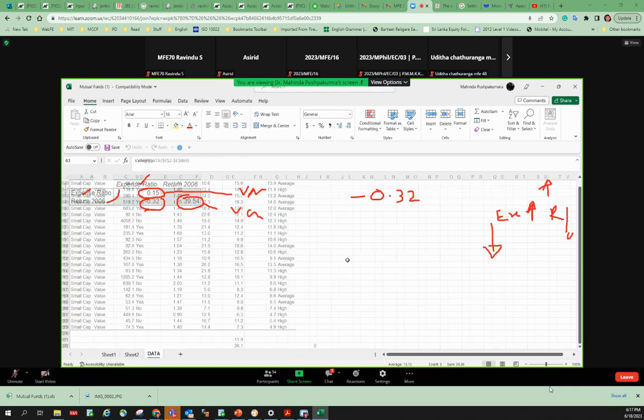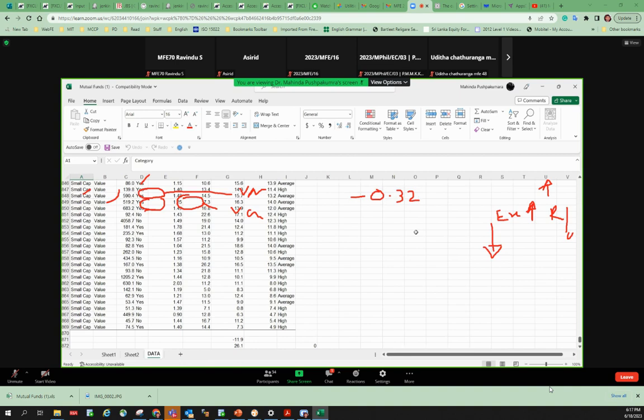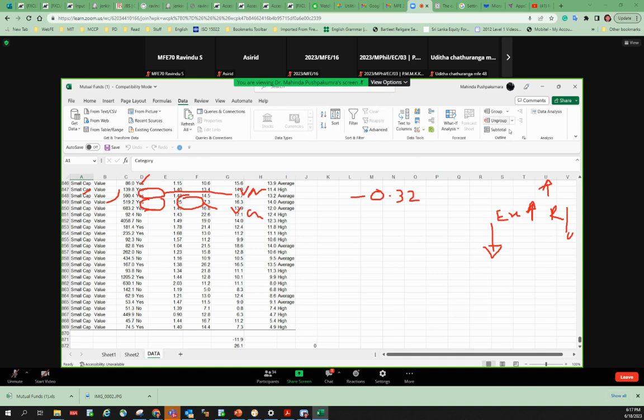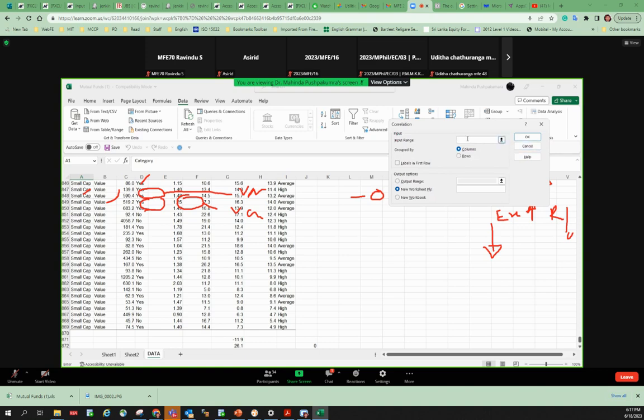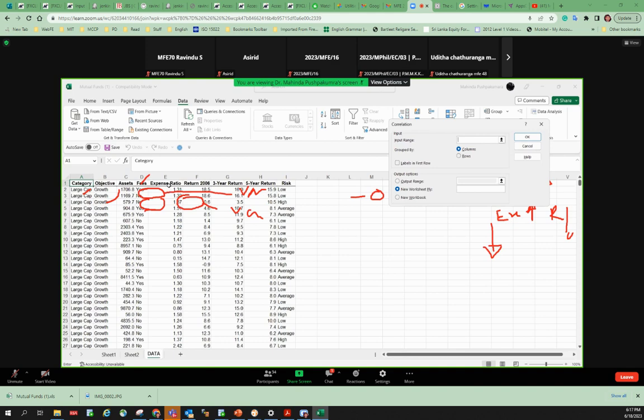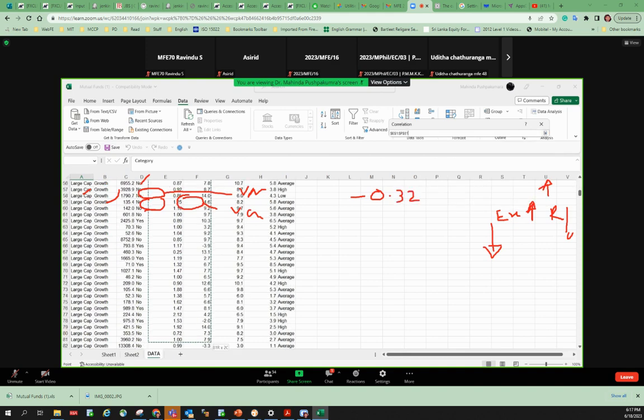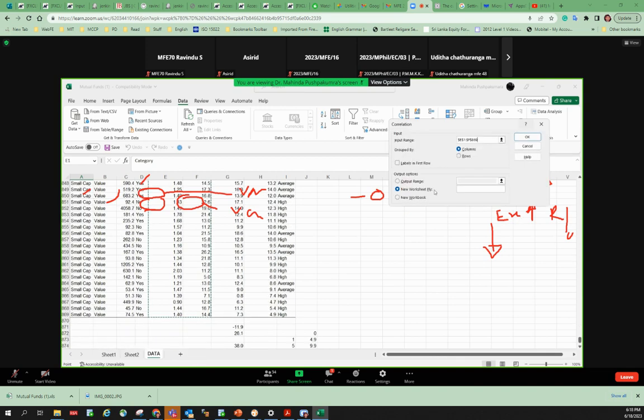Then how to calculate the correlation coefficient? That also you can do with the data analysis tool. Data analysis, then correlation. Okay. Then select the two variables you want to calculate, expense ratio and return. Then labels in first row, then OK.